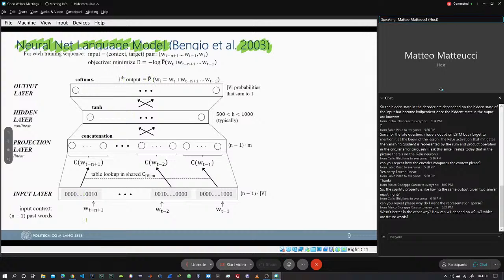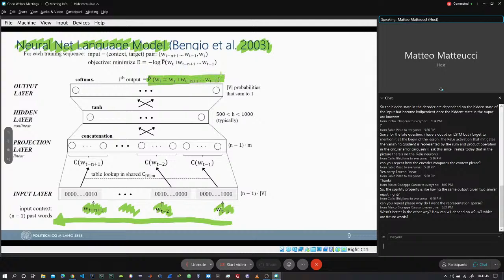You take the words t minus n, t minus n plus 1, up to t minus 2, t minus 1, with n as big as possible, and what you would like to predict is the probability, or actually the most probable word, given this input.